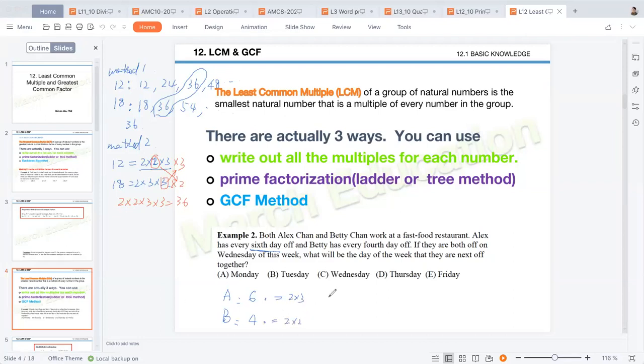So I must multiply by 2 times 3 for both of them, 6 times 2 and 4 times 3. In this way, I get this equal to 12, this equal to 12, right? And so this is the common multiple.